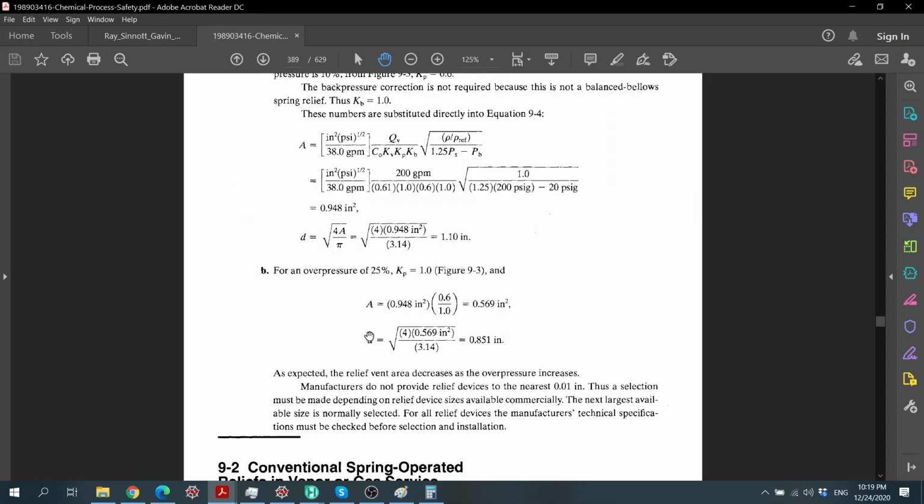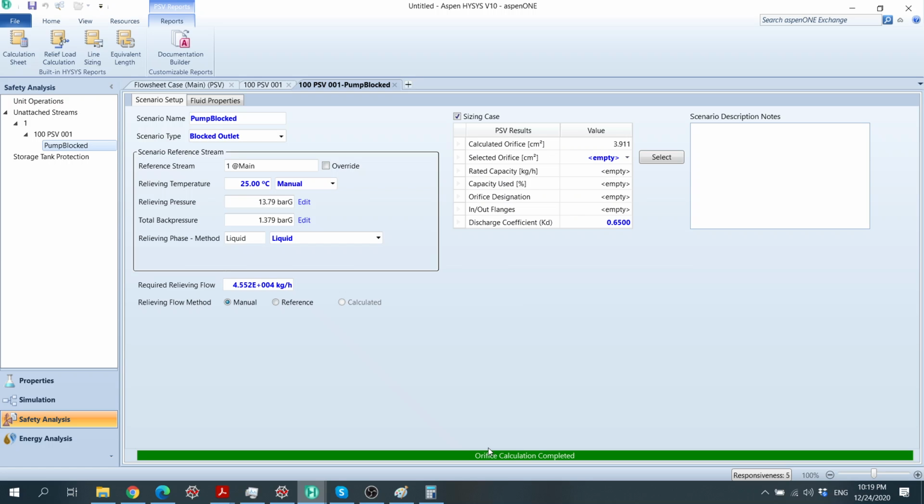So it's not quite right. So 0.6, it's now 0.9. Something is missing somewhere. What we don't have in HYSYS that we know we have is the CO. Yeah, 0.6.